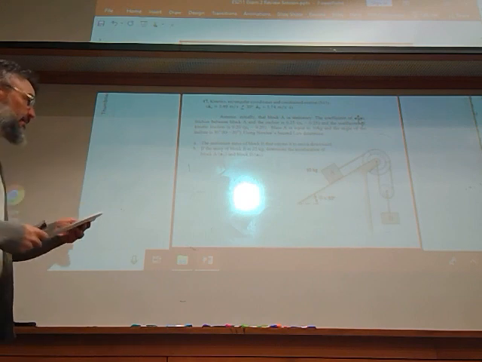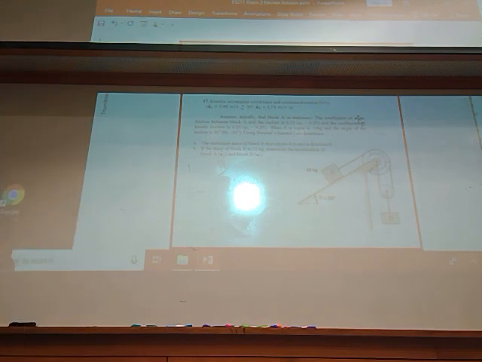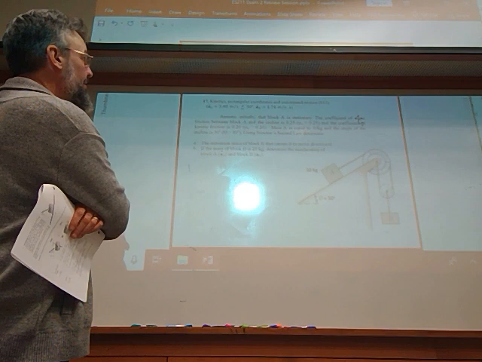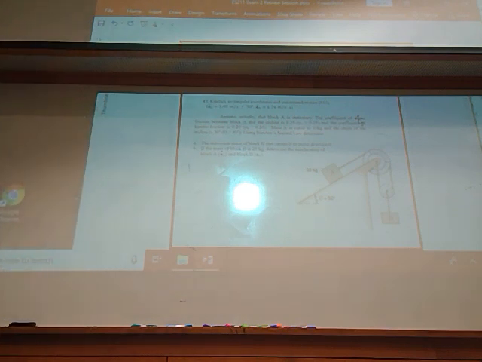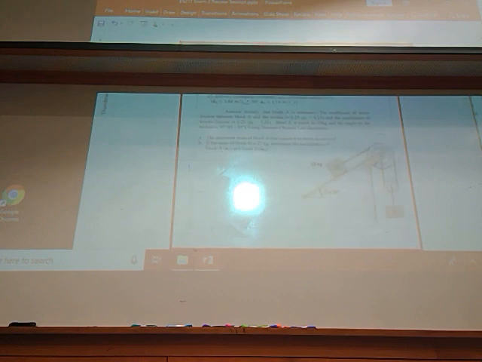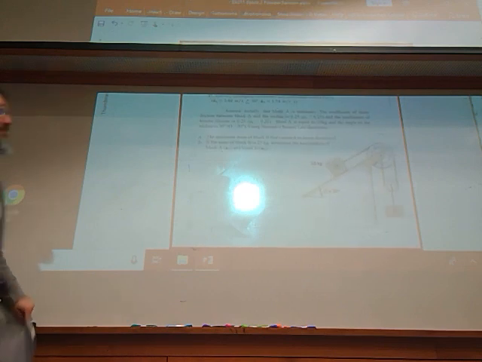Okay. We have many things going on here. We have kinetics. We have constrained motion. So this block is initially at rest, and then we let go of it.